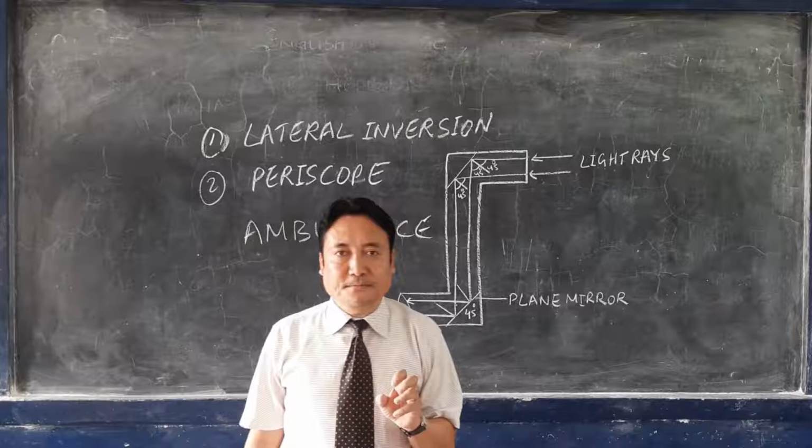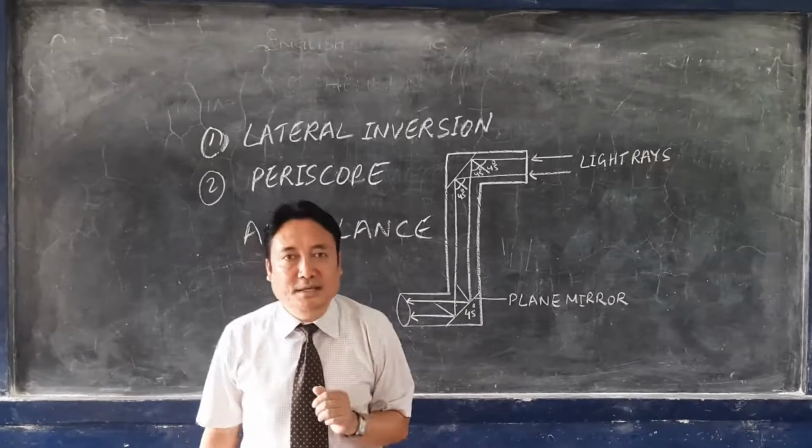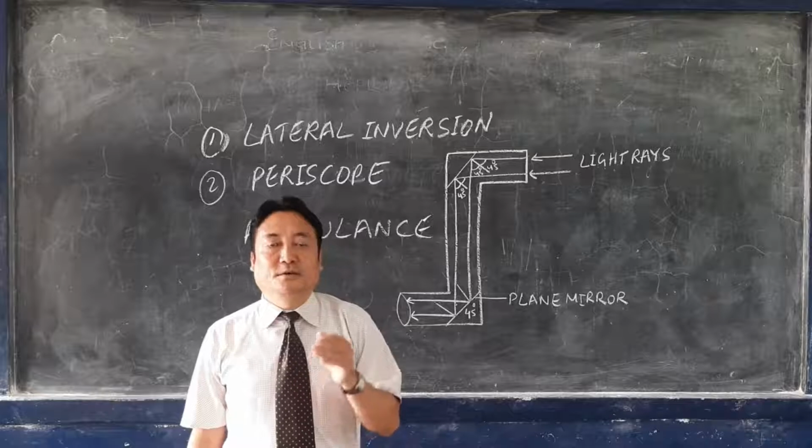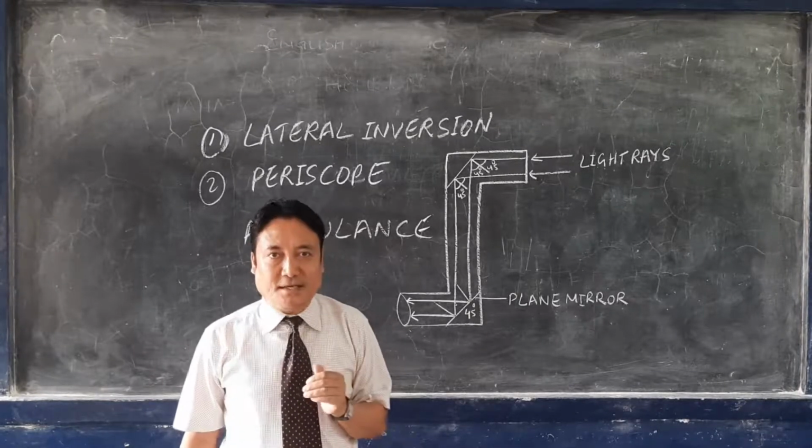In a plane mirror, the right side of the object will appear to be the left side, or the left side of the object will appear to be the right side.